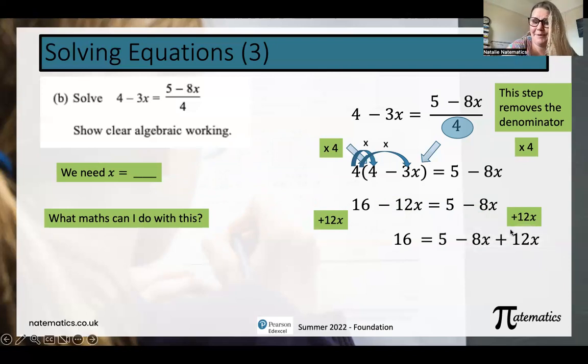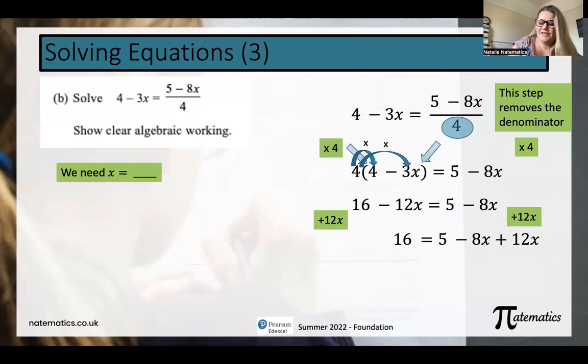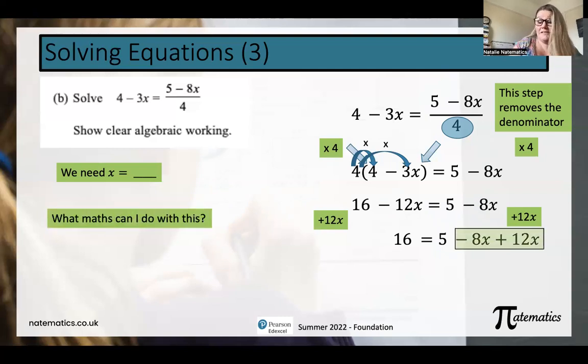I actually put the step in there clearly. I'd forgotten I'd put that extra step in there, which is fine. So what maths can I do with that? Well, I've got minus 8x plus 12x. They're the same, so group them together: minus 8, add 12. You end up with 4x on the right-hand side, plus the 5 you've already got there, and the 16 on the other side.